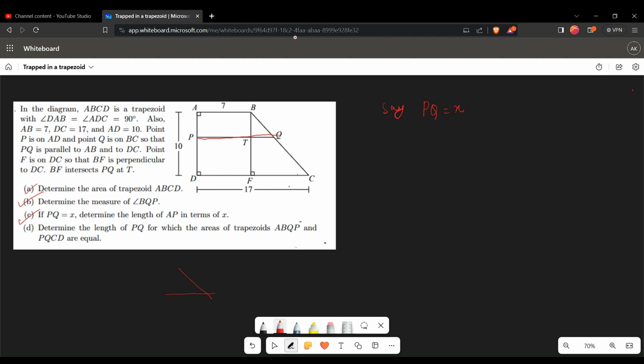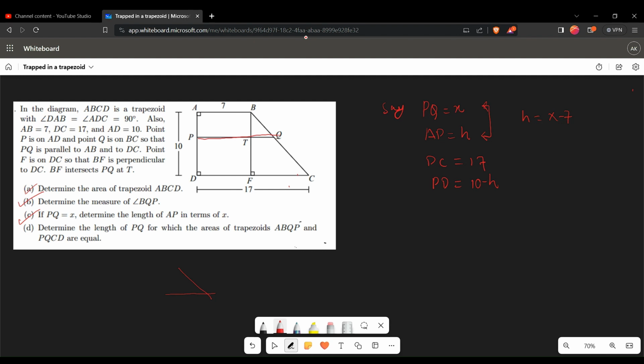So AP is equal to h, and it is given that DC equal to 17 and PD will be equal to simply 10 minus h. We know the relation between x and h from our previous question, like we found out in part C that h is equal to x minus 7.